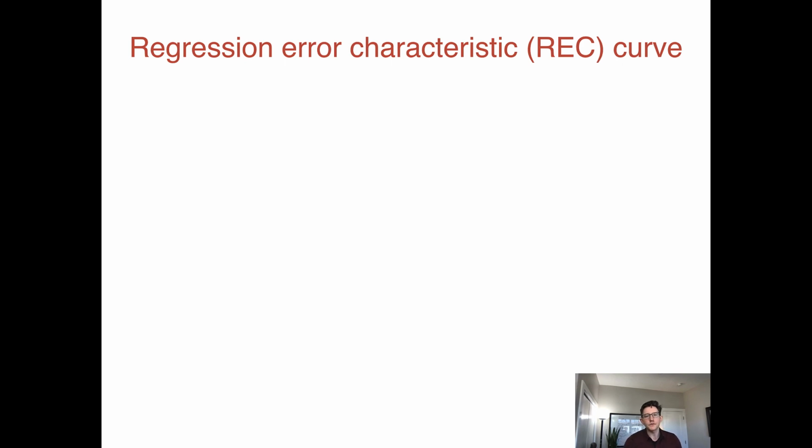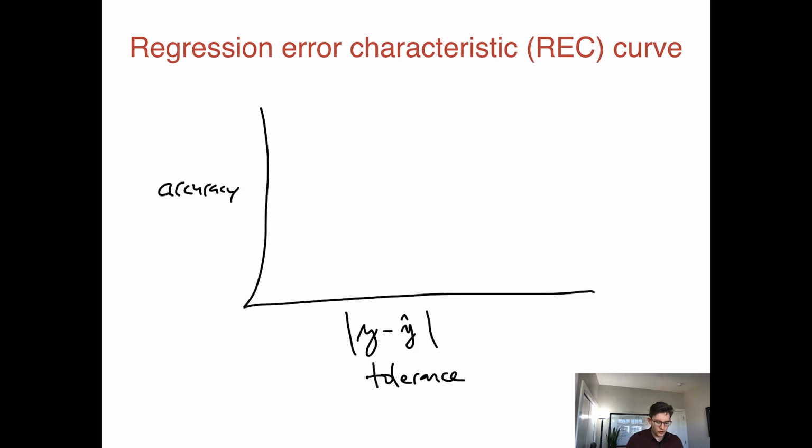Here's a useful visualization of the errors made by a regression algorithm. This is called the regression error characteristic, or REC, curve. It's kind of a continuous analogy to the ROC curve. So in this curve, we put some tolerance threshold on the horizontal axis. That is some difference between y and the predicted y that we're willing to tolerate.